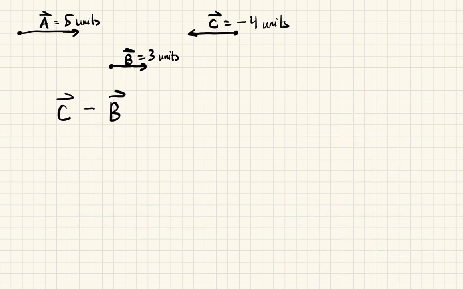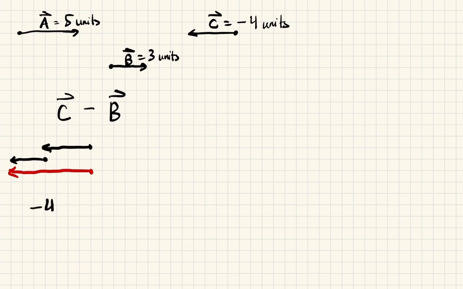So this one, we have vector c, which is negative 4, meaning it's going to the left, minus vector b. Vector b is originally going to the right, but because we're subtracting vector b, it's also going to be going to the left now. And then when we add those together, we get a resultant vector that looks like this.